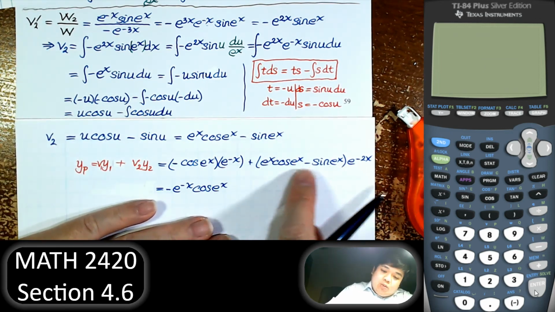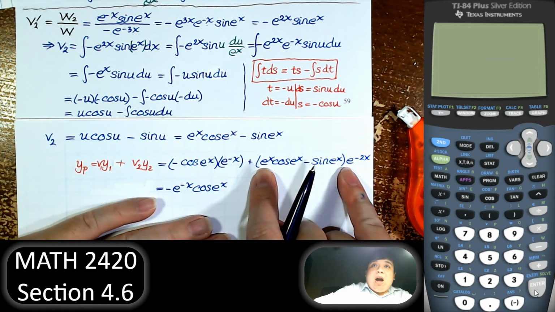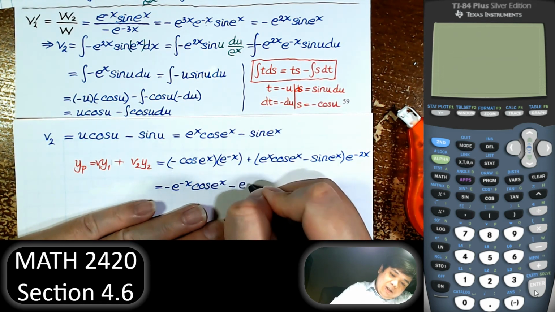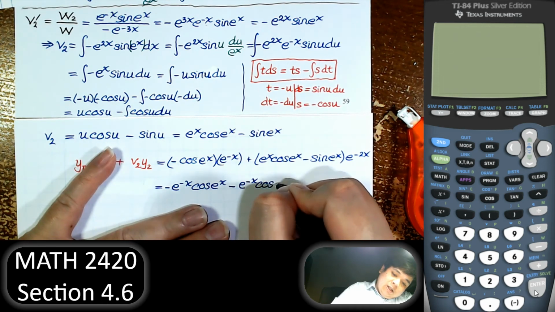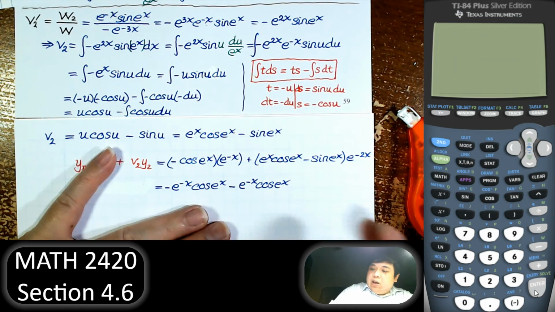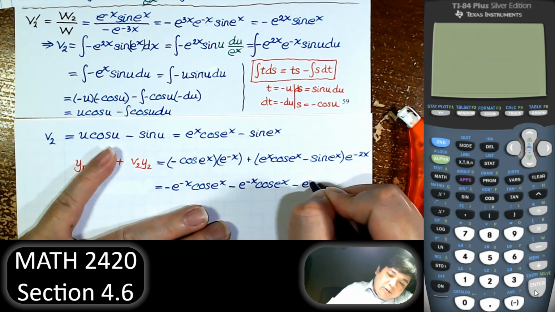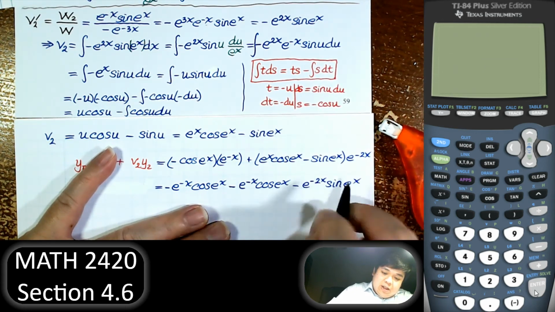Now multiply this together: e to the x times e to the negative 2x. Combine the powers, x minus 2x is negative x, cosine of e to the x. And then multiplying that gives us negative e to the negative 2x sine of e to the x.